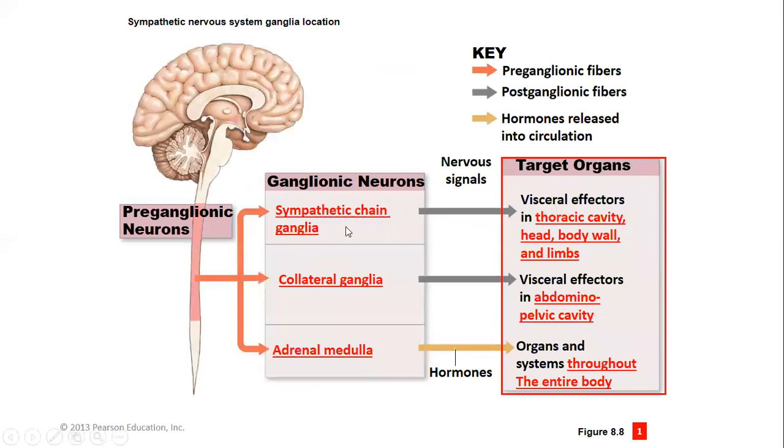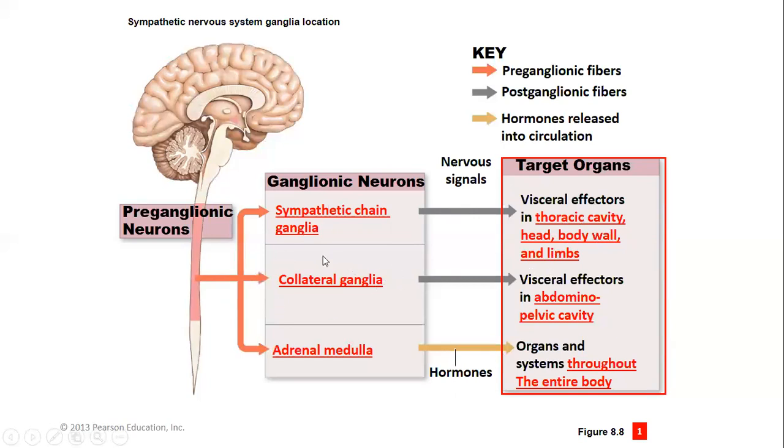The sympathetic chain ganglia run right alongside the spinal cord, and those ganglionic neurons innervate visceral tissues, so organs and glands, in the thoracic cavity. So think heart and lungs, the head, the wall of the body, so think skin, and limbs, so skin and blood vessels maybe in the limbs, right? So blood vessels and skin there as well.